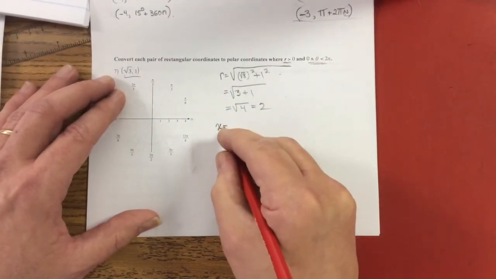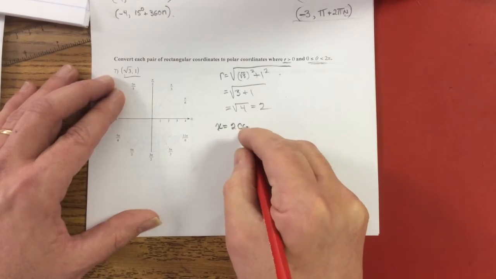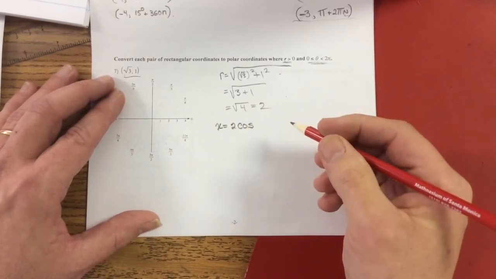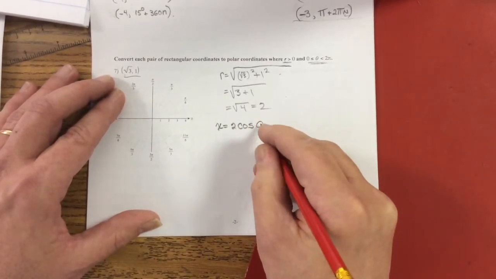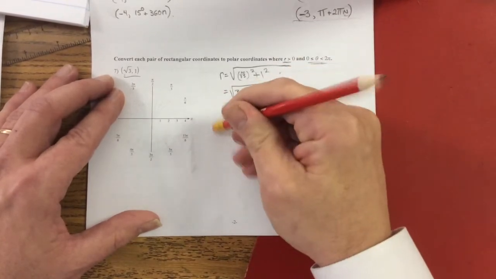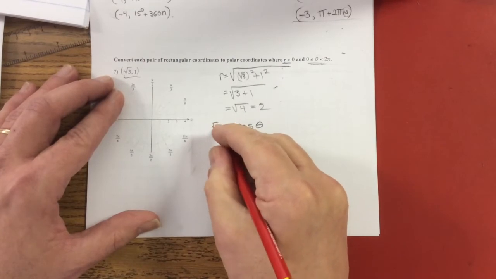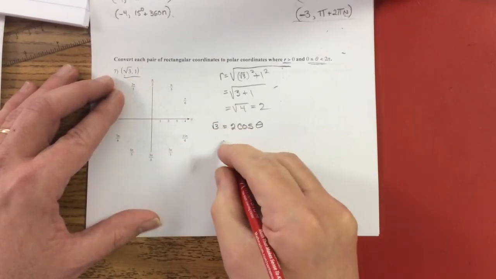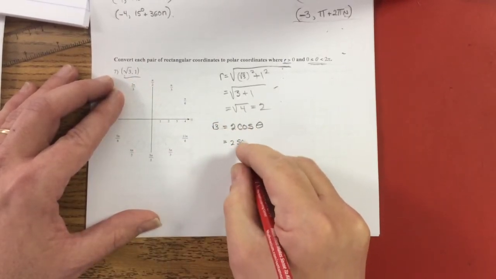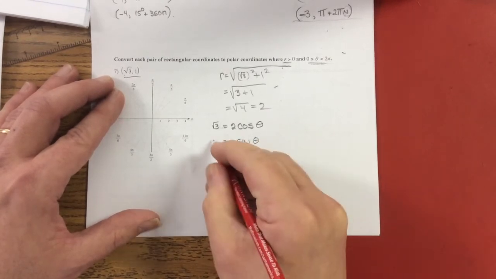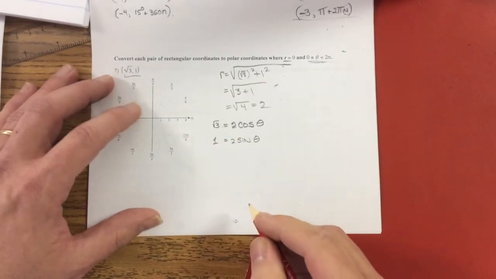x is equal to r times the cosine of theta. And we know what x is. It's square root of 3. And y is equal to r times the sine of theta. In this case, y is 1.